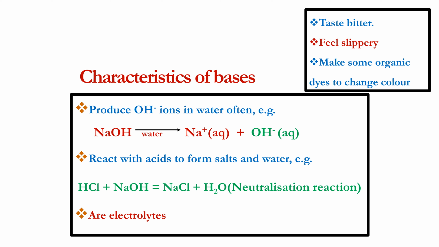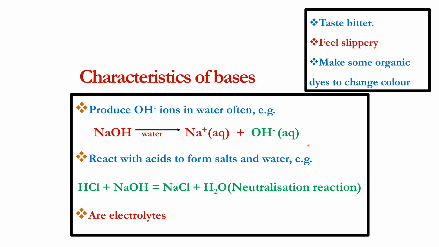So now we look at characteristics of bases. Bases taste bitter. Bases feel slippery or soapy. They cause certain organic dyes to change color. Bases produce hydroxide ions in water.